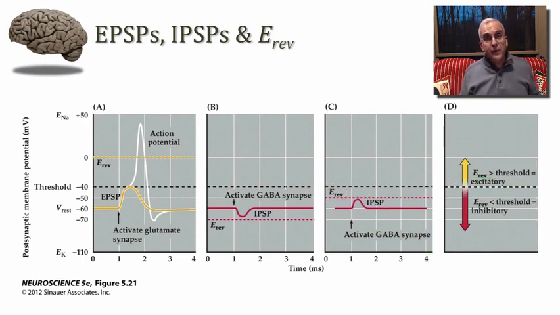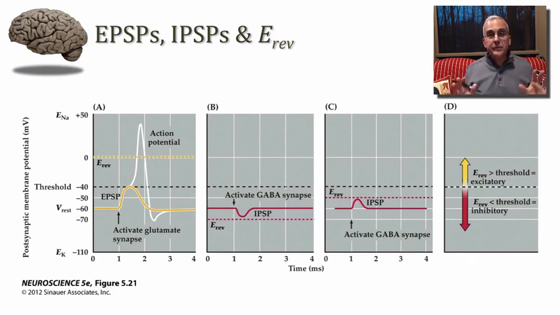Now, if you're following along with the tutorial handout that I've given you, I'm asking you a question at this point. Can the same neurotransmitter give rise to excitatory postsynaptic potentials and inhibitory postsynaptic potentials?